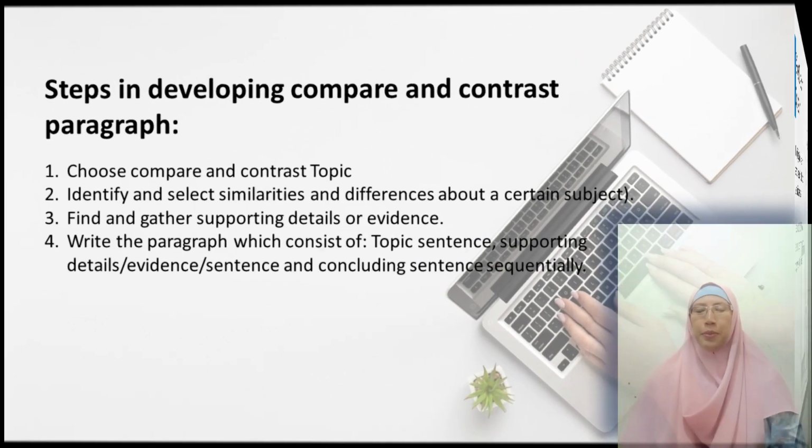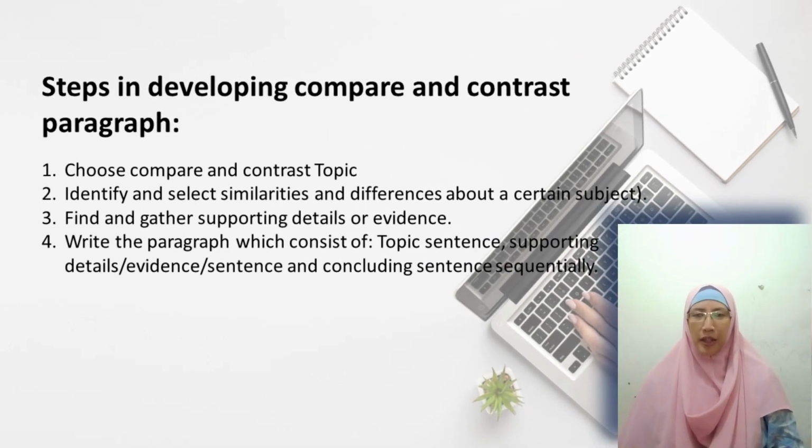Steps in developing comparison and contrast paragraph. First, choose compare and contrast topic. Second, identify and select similarities and differences about a certain topic or subject. Third, find and gather supporting details or evidence.